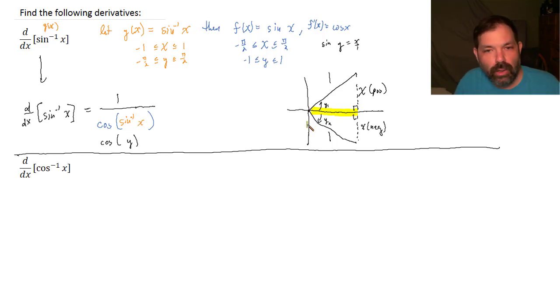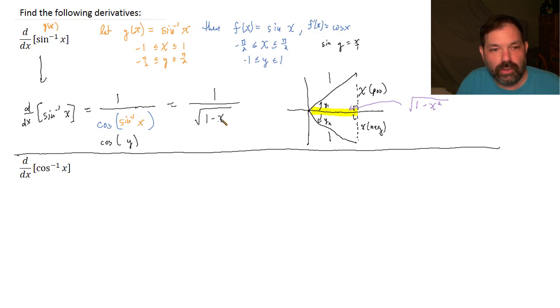We apply the Pythagorean theorem, and it turns out that this leg that I marked in yellow is equal to the square root of 1 minus x squared. And so then d by dx of sine inverse x is equal to 1 over the square root of 1 minus x squared.